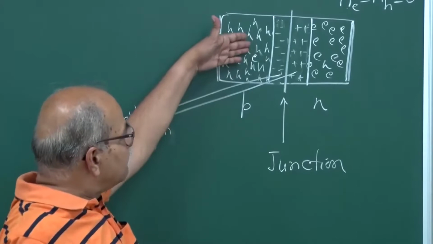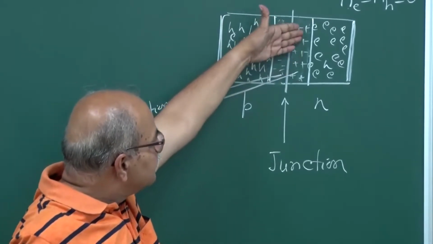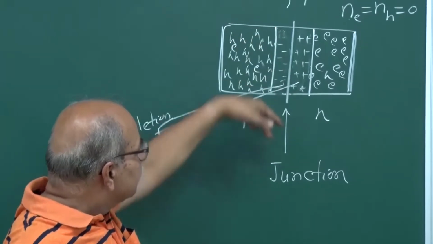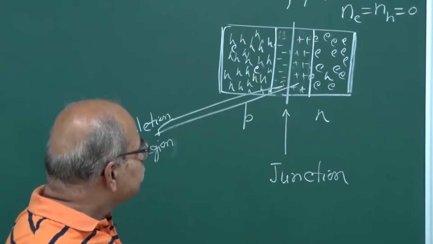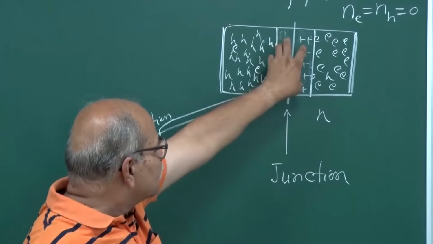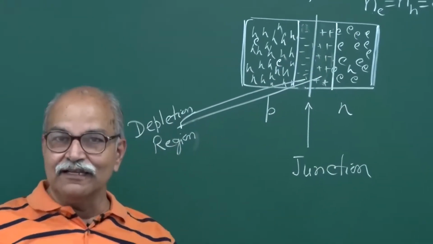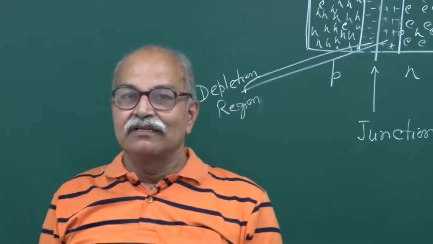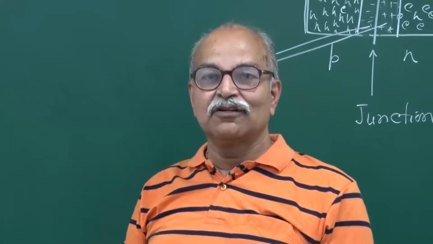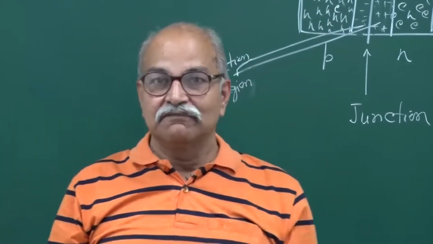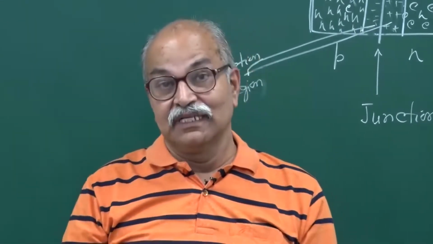These holes have gone here to neutralize these electrons, or the electrons have come here to neutralize these holes, and therefore the charge carriers are not there, that's fine. But at any temperature, we told earlier, new electron-hole pairs are created, because in that material you have thermal distribution.